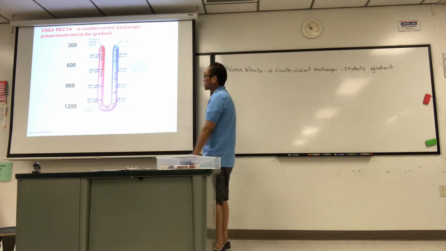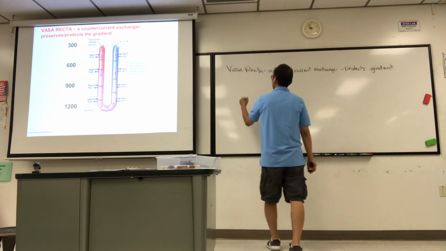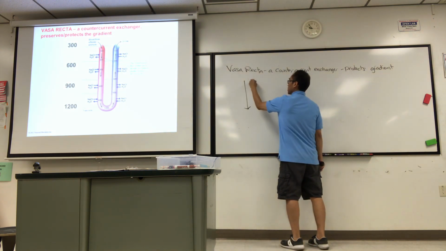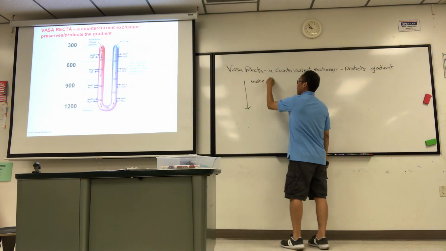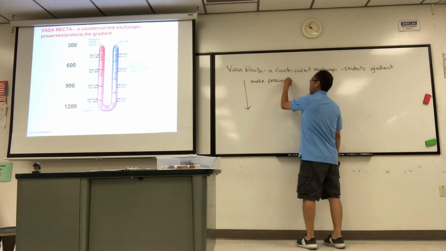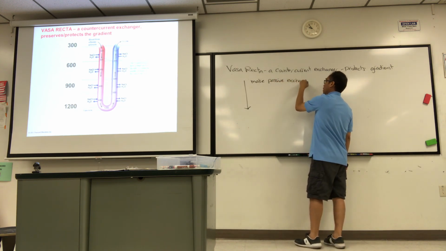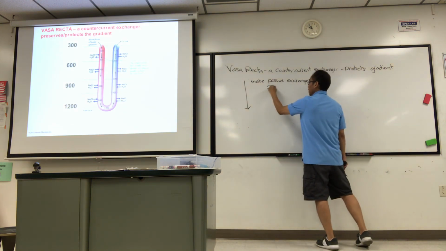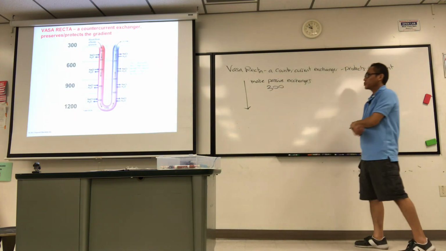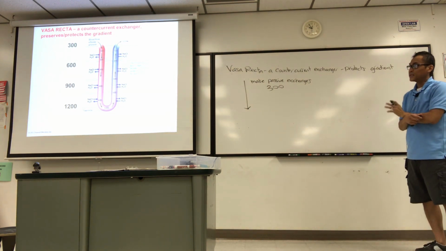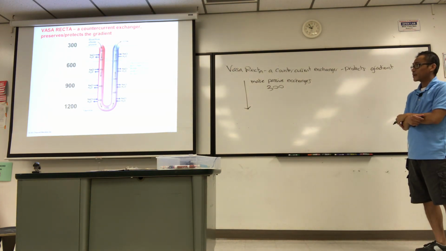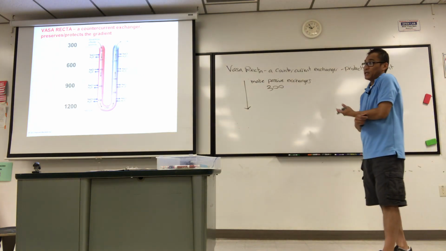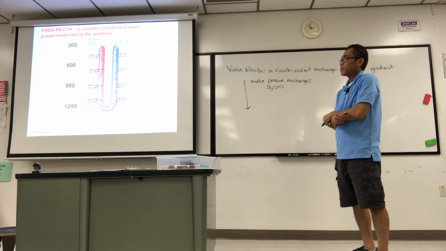So all you do, for example, on the way down, I'll just draw a down arrow. You just make passive exchanges. Blood plasma is about 300. And as it enters the vasa recta and the blood flows down, it's making passive exchanges. It's equilibrating with this environment.